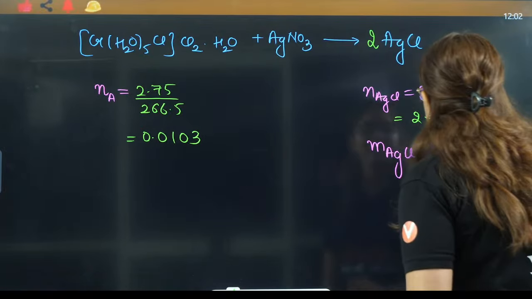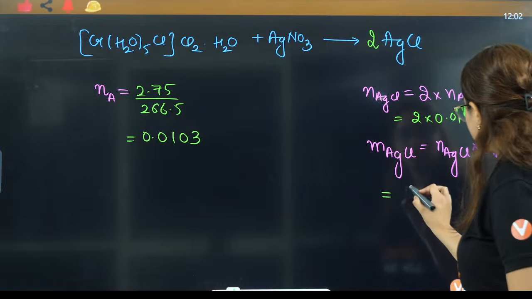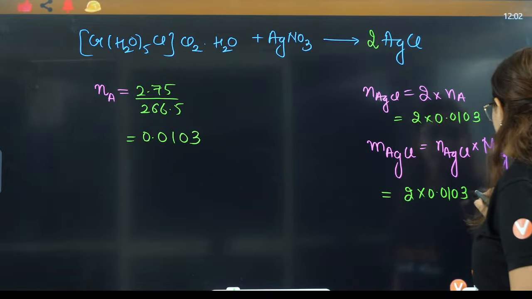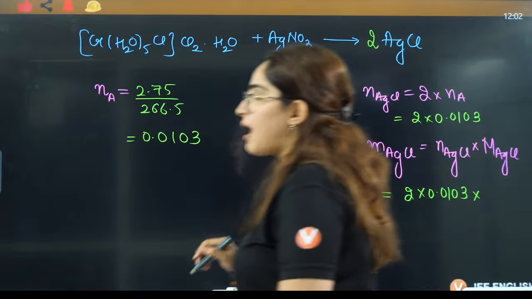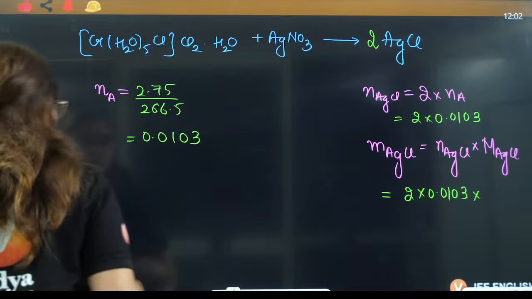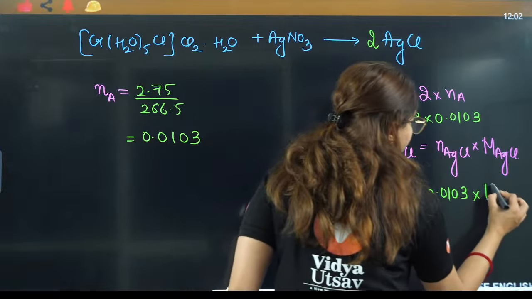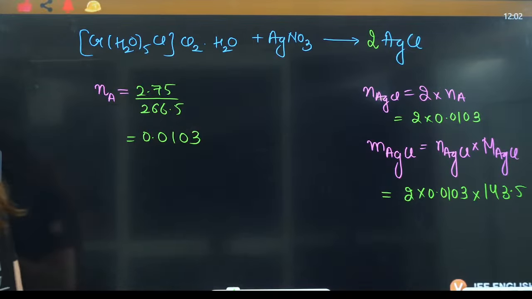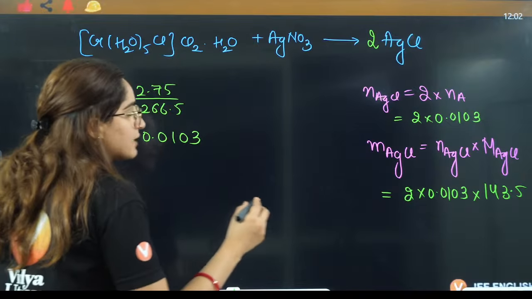After this you will do 2 into 0.0103 multiplied by molar mass of AgCl, that is 143.5, and hence you will have your answer as 2.96.